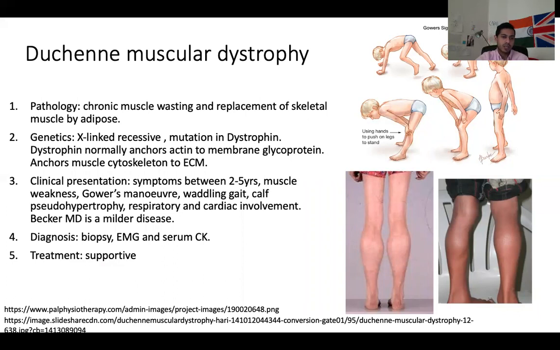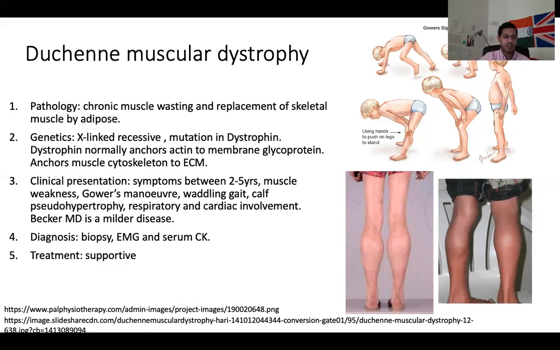Dystrophin is usually anchoring the actin to the membrane glycoprotein, and when the dystrophin is deficient, or not even there, we can have an unorganized cytoskeleton, and the extracellular matrix may not be stable and solidified, and it can cause a lot of disbalance.